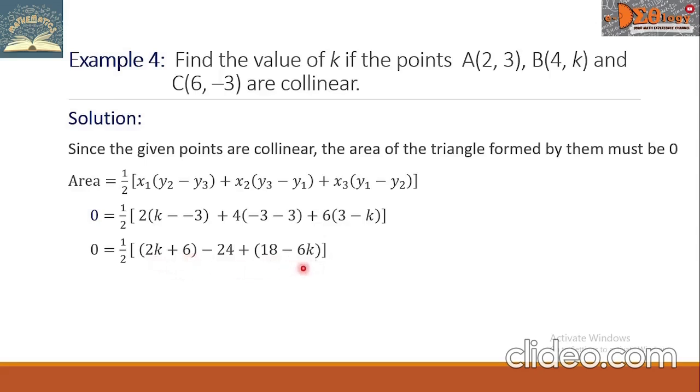Let us remove the grouping symbols and combine like terms. Now, this 2k minus 6k is negative 4k. The 6 minus 24 plus 18 becomes 0. Then 1/2 times negative 4k is negative 2k. We divide this equation by negative 2 to get the value of k as 0.